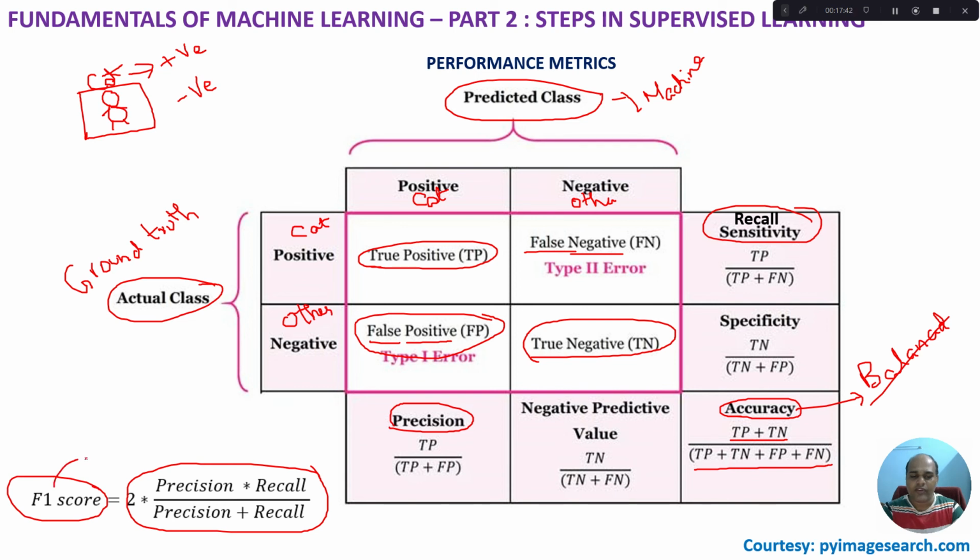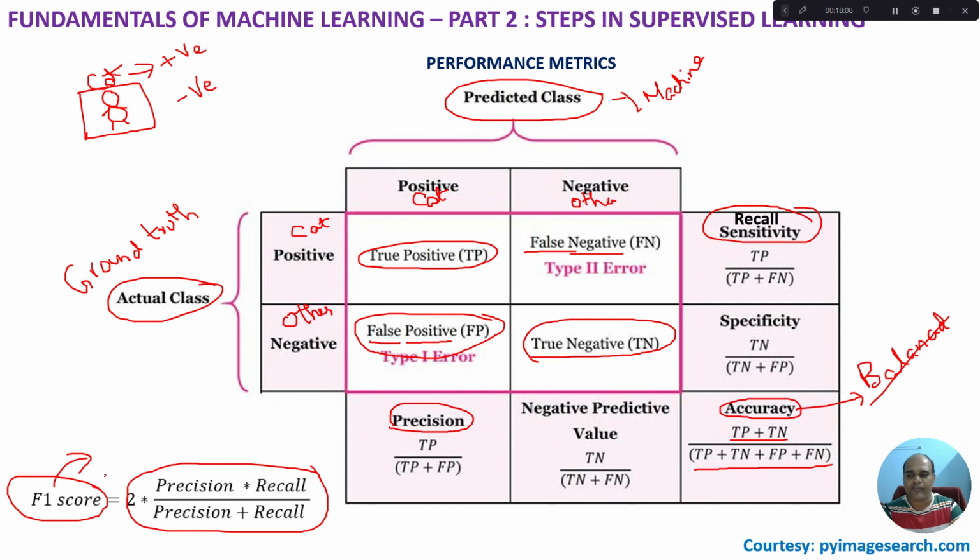The F1 score is a very good performance metric if I have an unbalanced data set. It should be high so that our model can make more right predictions on new data. So this formula can be used for computing the F1 score.